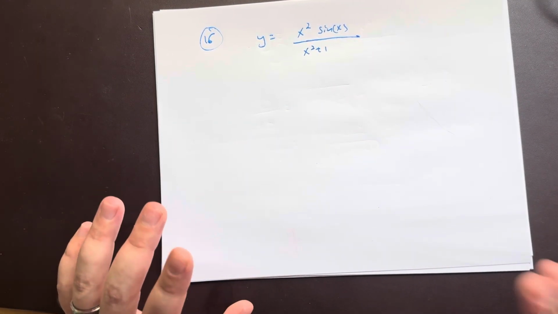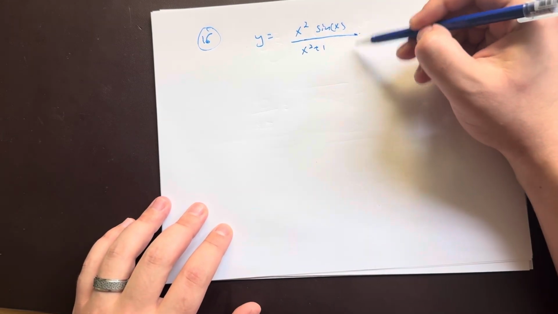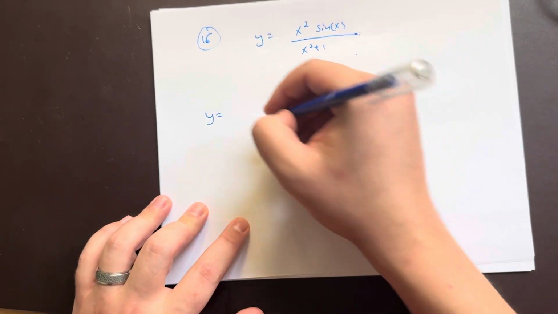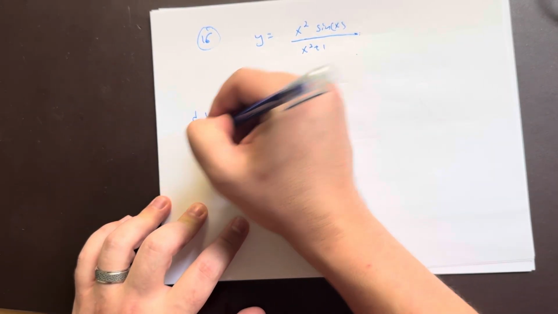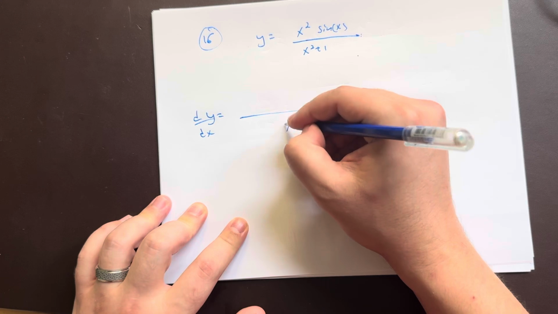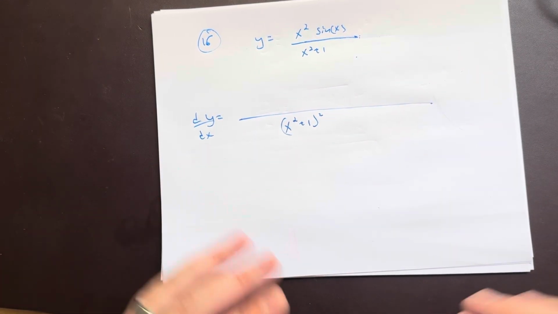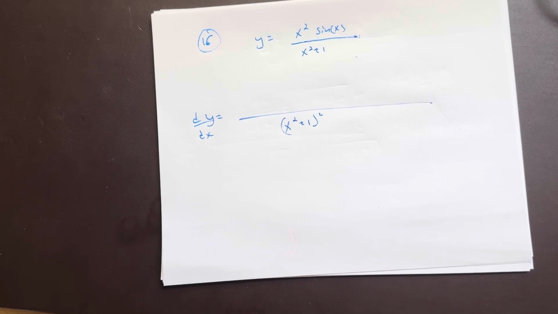Right away, the first thing I hope you notice is that this is a quotient, so I'm going to need the quotient rule. I'm going to start my big old fraction, dy dx, x squared plus 1 squared. Very easy, very demure.